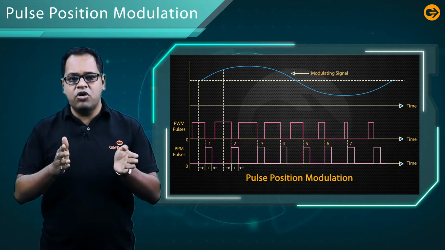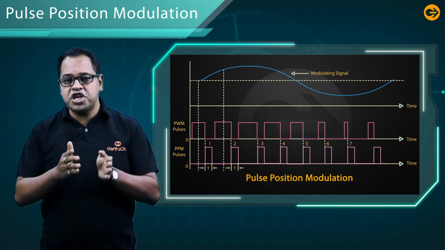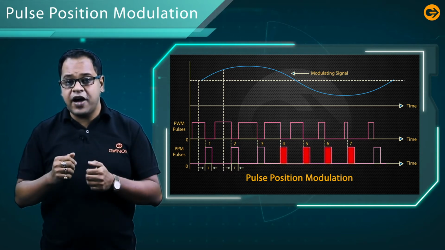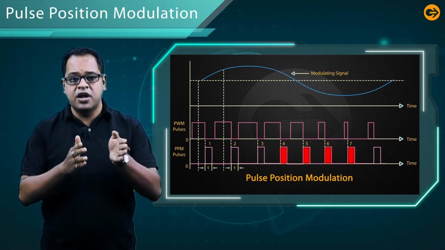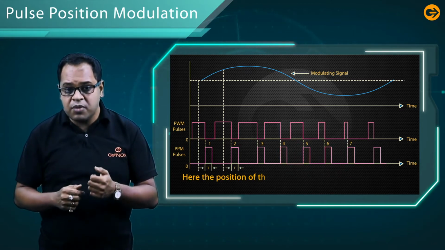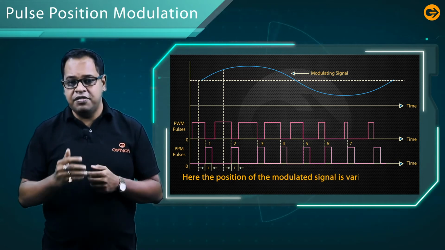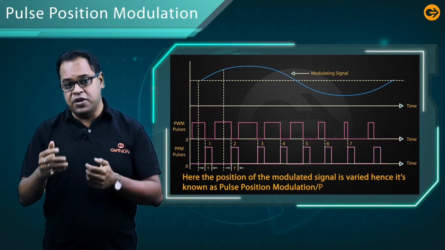Then, as the modulating voltage decreases, that means reduces, the PPM pulses 4, 5, 6, 7 come progressively closer to their respective reference lines. Hence, the position is varied with the modulating signal, and it is known as pulse position modulation or PPM.